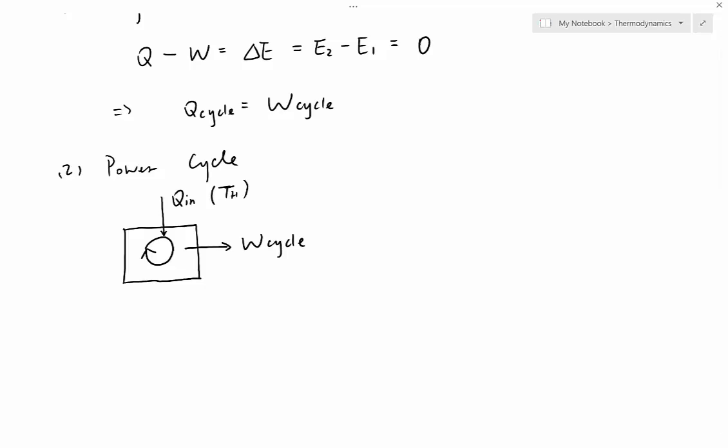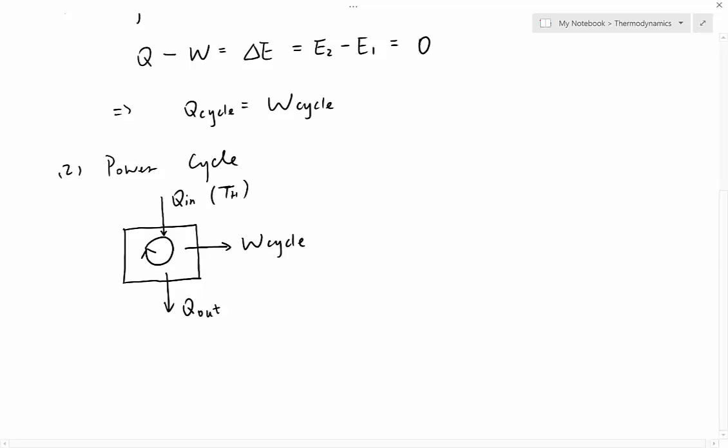And unfortunately, you cannot convert all of the Q in into mechanical work. You have to lose some heat. So we call it Q out. The engine will lose some heat, which is really easy to understand, right? Because, for example, what comes out of the engine? The exhaust. The exhaust is really, really hot. So once the exhaust comes out of the engine, it takes energy away.